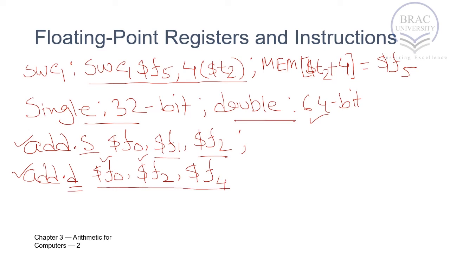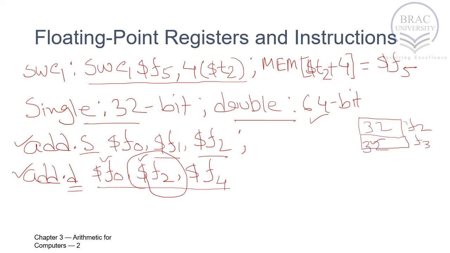When we have a double precision operation, it takes two consecutive registers. Let's say this is F2 and this is F3. So when we have F2 here, it automatically combines F3 with it. So this is 32-bit and this is also 32-bit.